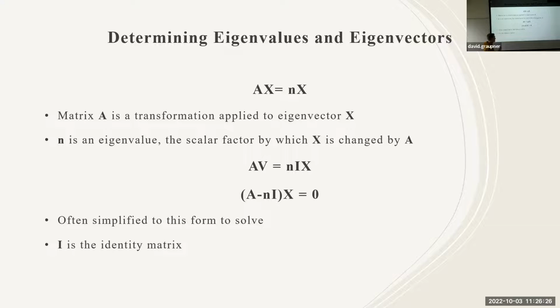But P and X are the same, so this should be X. Sorry, that's my bad. And then in the future, instead of lowercase n, there is capital N, which I decided to switch to because instead of getting one eigenvector, we get a matrix of eigenvectors, which I'll show.